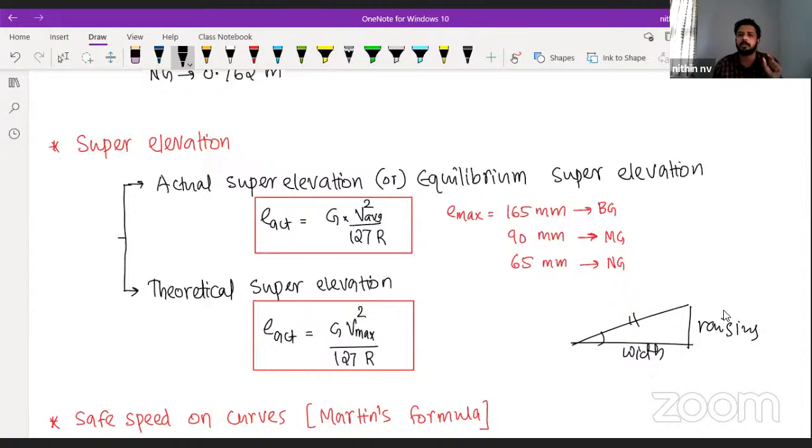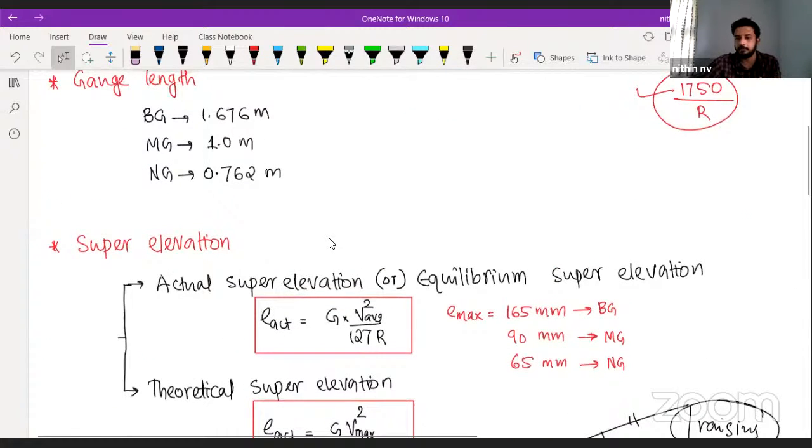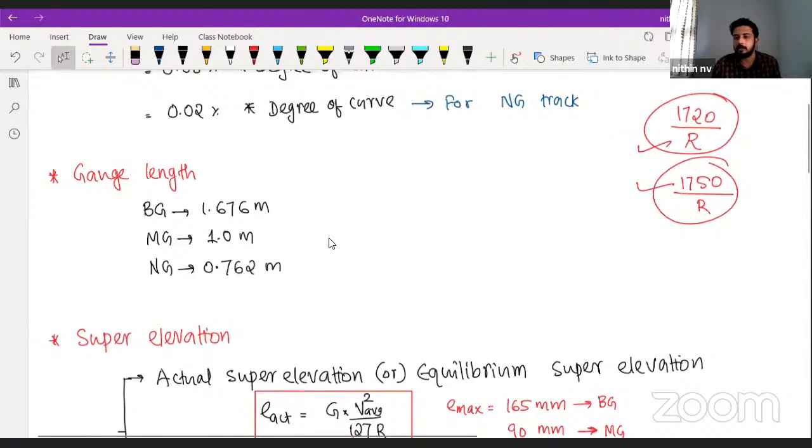It's a fraction. But here, by super elevation in railway, we mean this raising. So what will it be? The V square by 127R or 225R we studied is equal to raising divided by width. Here this width is nothing but, as I told you, the gauge length. So this G will come here.